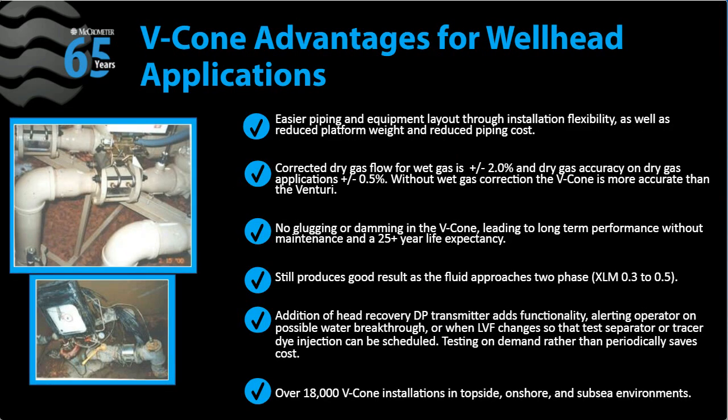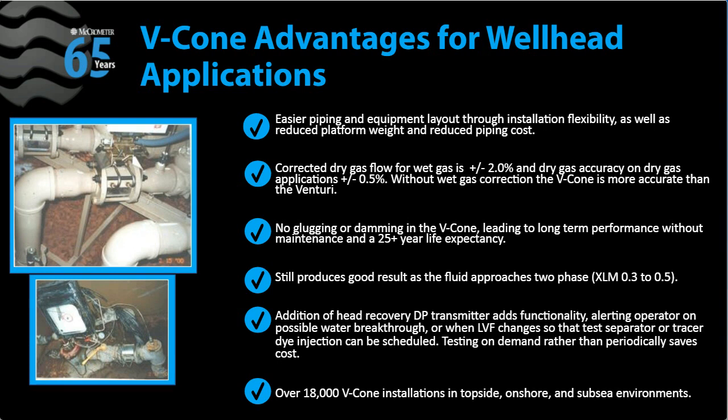Now, how does V-cone work as a solution for a wellhead application? It offers easier piping and equipment layout, installation flexibility, reduced platform weight, and reduced piping costs. This is because of V-cone's guaranteed performance with minimal straight run required, which is 0 to 3 diameters upstream and 0 to 1 diameters downstream.